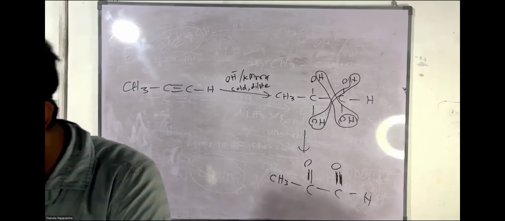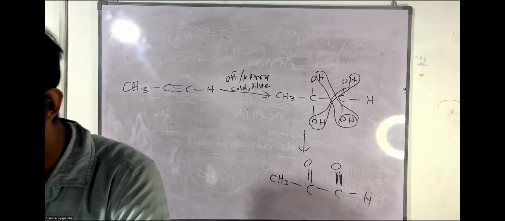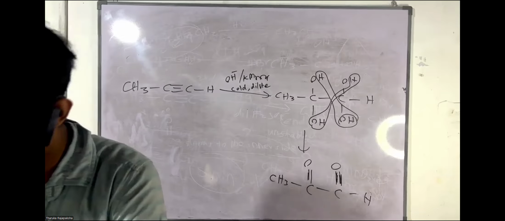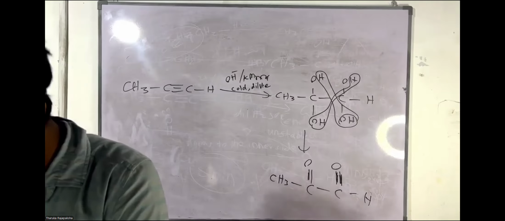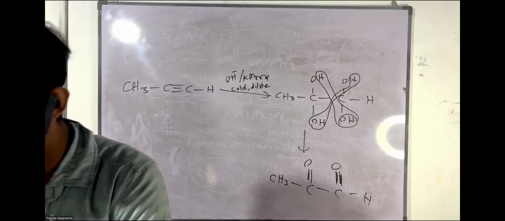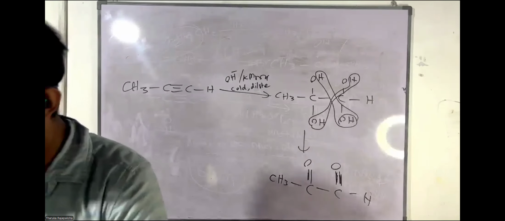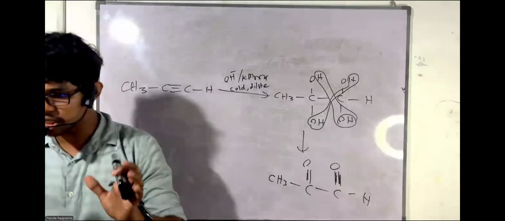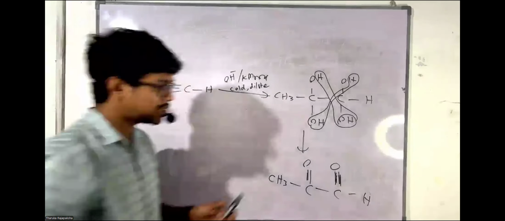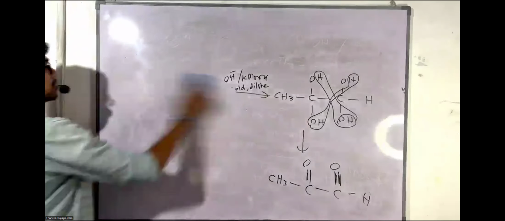Since an sp orbital has more s character, 50% s character, than sp2 or sp3, the bonding electrons in the CH bond in alkynes are closer to the carbon nucleus than in the CH bonds in alkenes or alkanes. Now, this is an explanation why alkanes do not react like terminal alkynes.